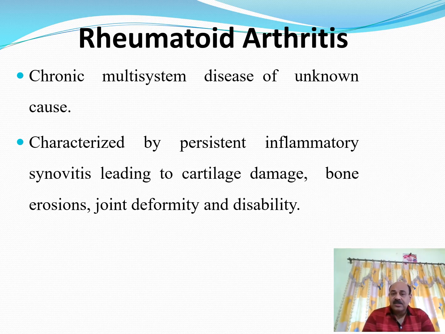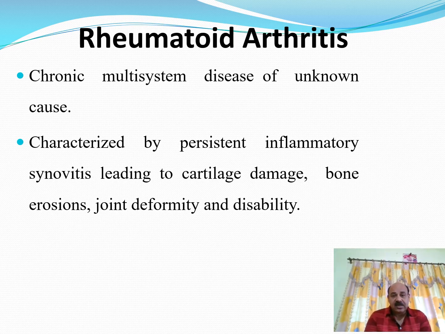It's a multi-system disease. That is why the term rheumatoid arthritis is not preferred nowadays. The term rheumatoid disease appears to be more appropriate because it's a systemic disease where almost all the systems of the body are involved, and the joints are one of the components which is involved in this particular disease.